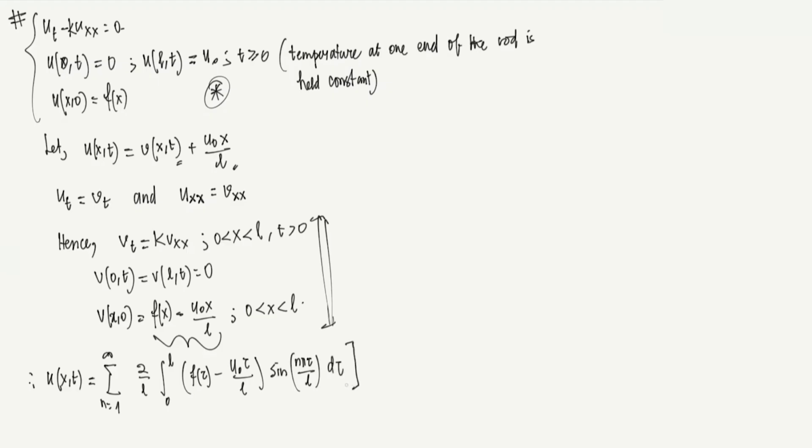Sorry, I did not write the sine part earlier. This is the Fourier part, and then the exponential of minus n pi by L squared times k t does not change, and the x part is sine of n pi x by L. Plus this additional term, u naught x by L. Then this is your solution. So this is how you solve it.